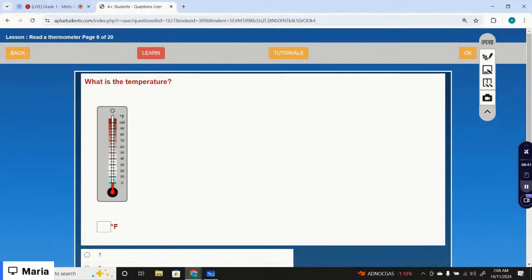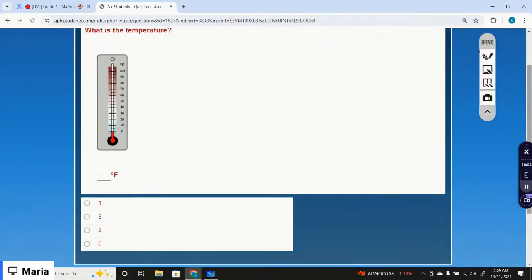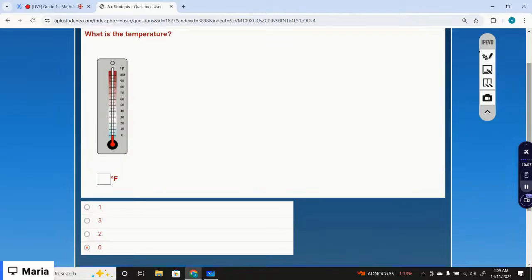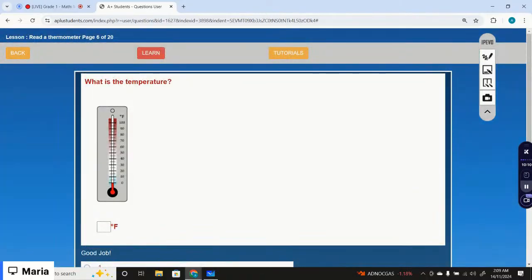Which is the correct option? That is 0 degree F. The last option is the correct option, right? That is 0 degree F.